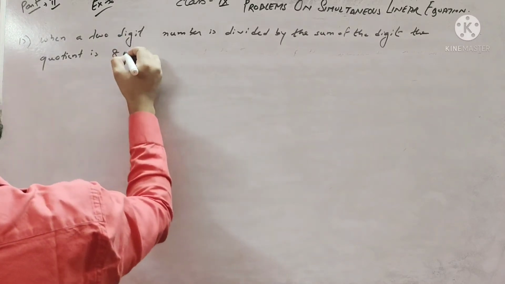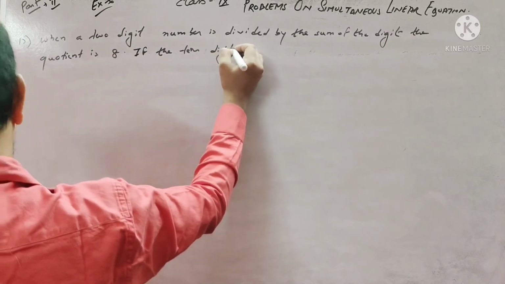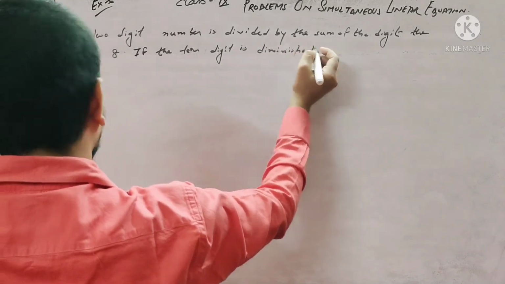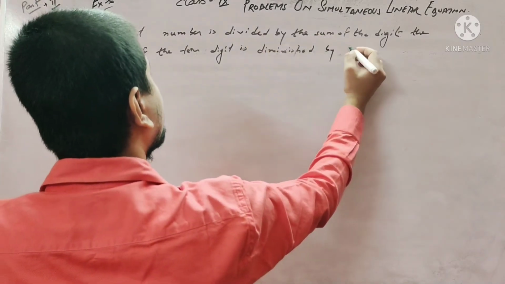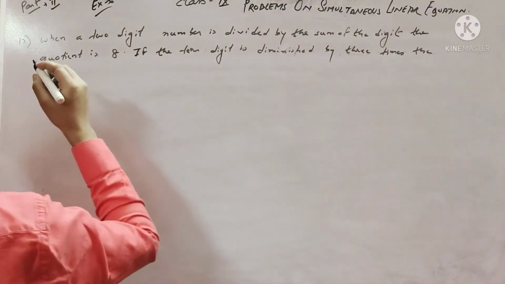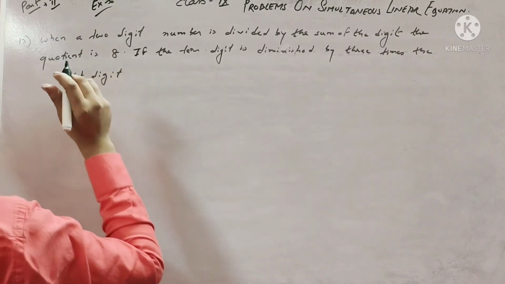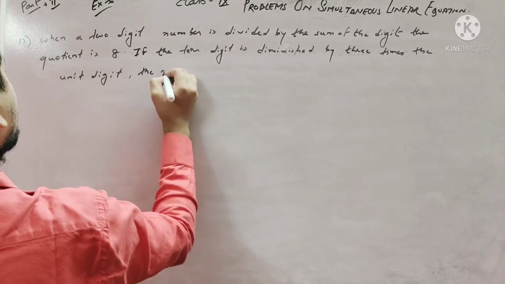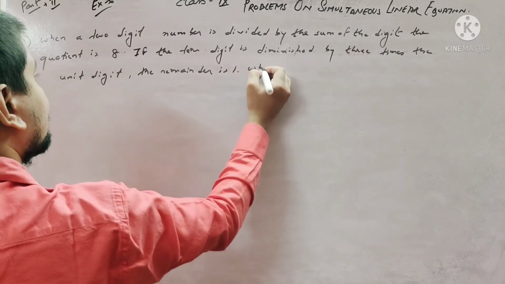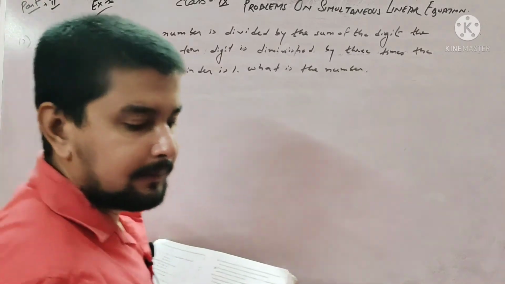If the tens digit is diminished by 3 times the unit digit, the remainder is 1. What is the number?